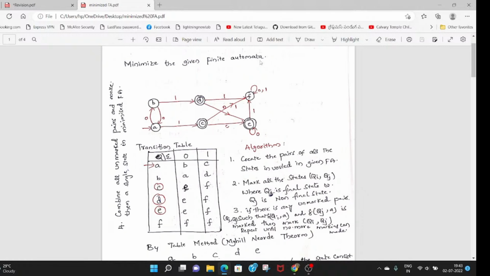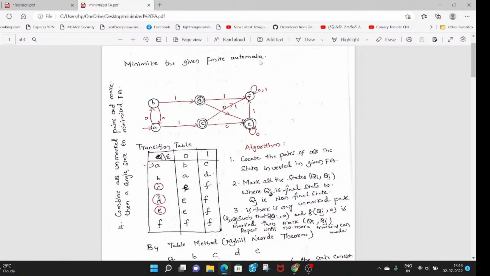By these transitions, we get some other pairs, and we compare whether the newly generated pairs are already ticked or not. If one is already ticked, then you mark qi and qj with a tick as well. Otherwise, leave it as it is. Repeat this step until no more marks can be made in the table.